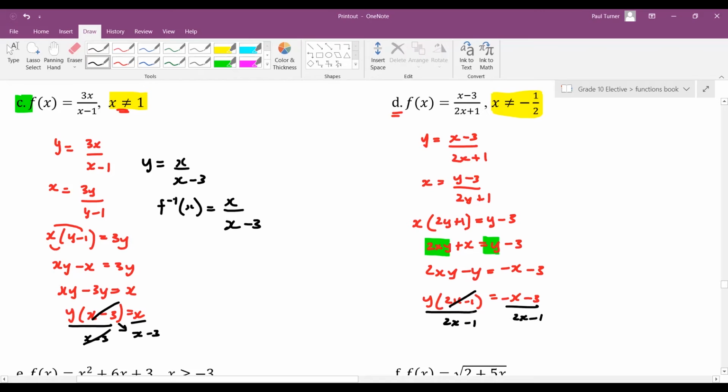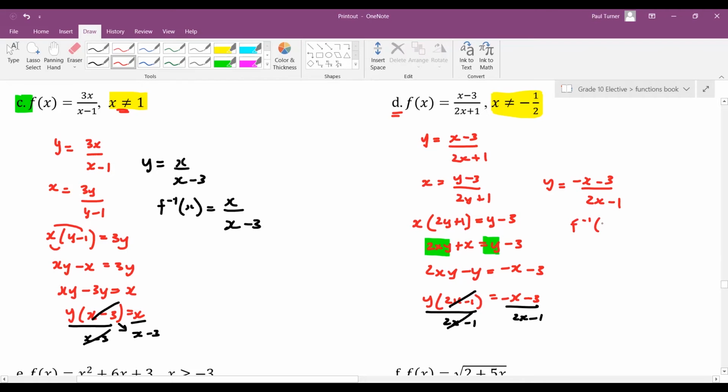They're all done the same way, every question. Just a little bit of variation in the method. So then we'll get y equal minus x minus 3 on 2x minus 1. Your answer may look a bit different than this one. It depends on how you've moved these numbers down here.